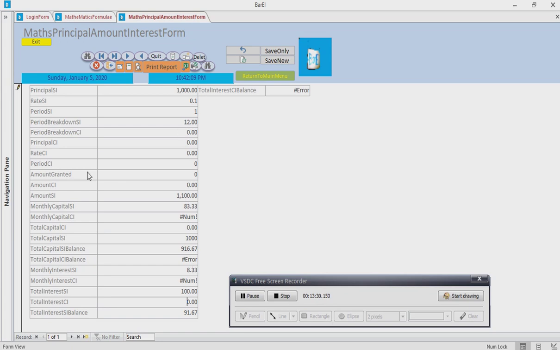If you can see the values, SI means simple interest, CI compound interest.